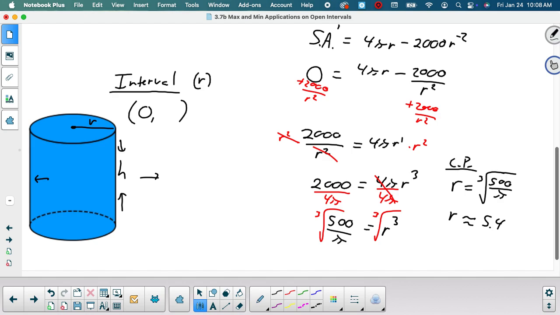The more I smash this thing down, because it has to have this much volume, it has to have 1 liter, 1,000 cubic centimeters. Where does all that volume have to go? It has to go squirting out on the sides here. And the more I smash it, h goes to 0, r is actually going to go forever, which is hard to think of. But this thing is going to become this flat pancake that's going to be huge.